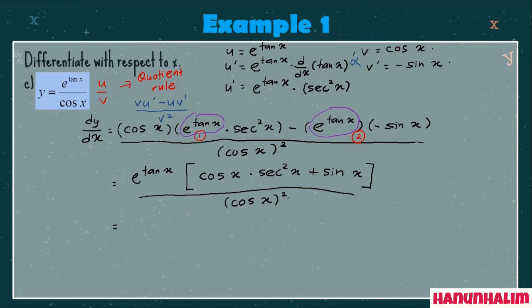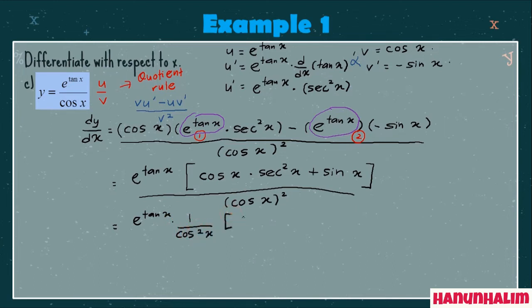over cos squared x ni kan, okay, kalau tak nampak tulis dulu e tangent x. 1 over cos squared ni kita tulis dulu 1 over cos squared x.